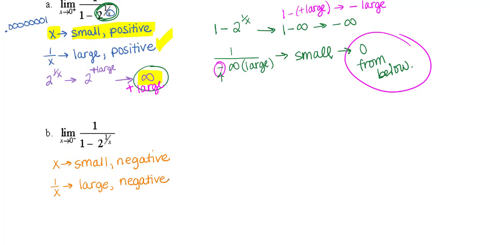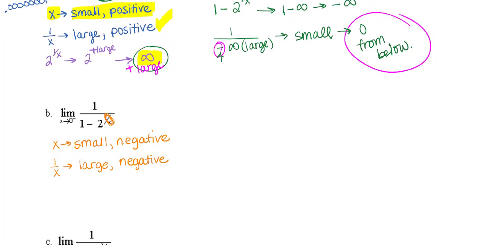All right. So I've taken care of this part. So you can look at the denominator all as one part if you want to, but I'm going to still keep it kind of separate here and just do it one piece by one piece. So now I would be evaluating 2 to the 1 over x as an exponent. Well, 2 to the large negative number.